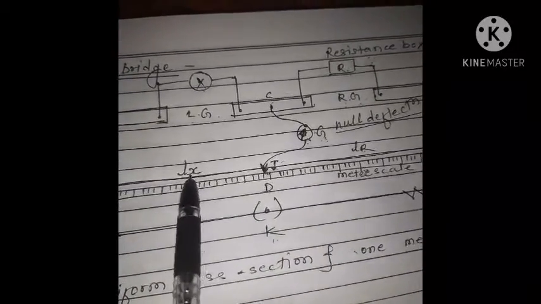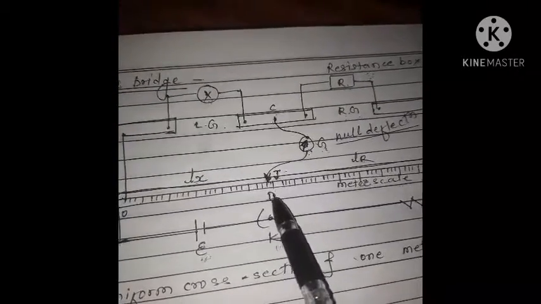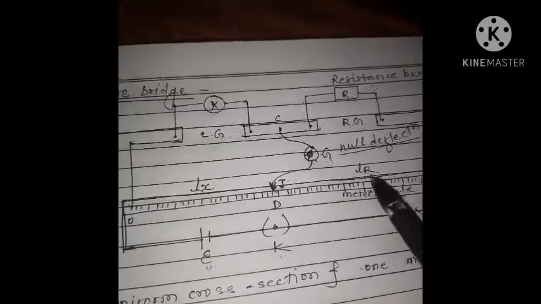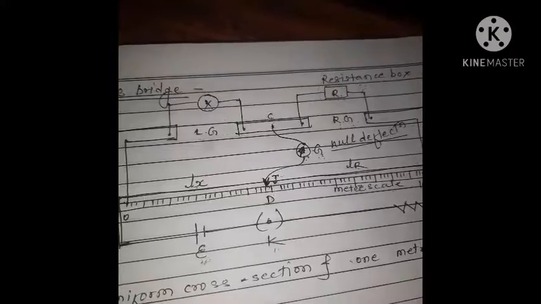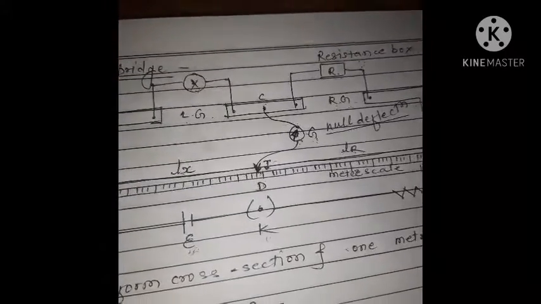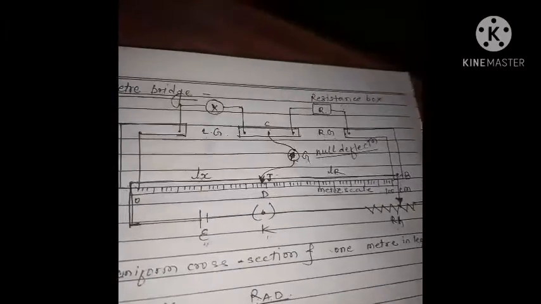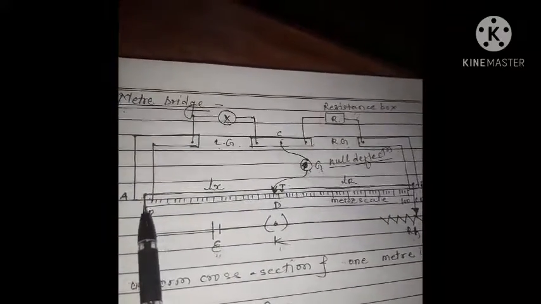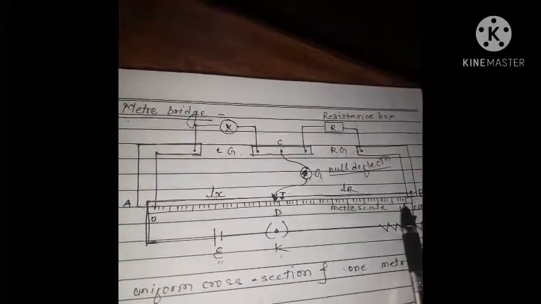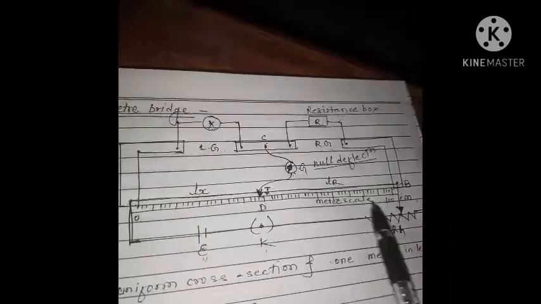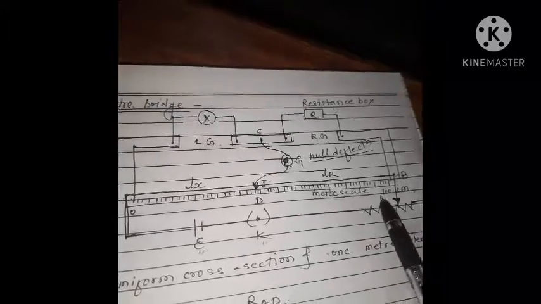Suppose LX is the length of wire AD and LR is the length of wire DB. The length of wire can be measured by using a meter scale, 0 to 100 centimeter, which is 1 meter.